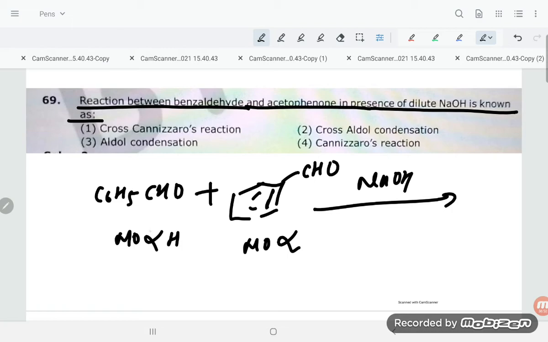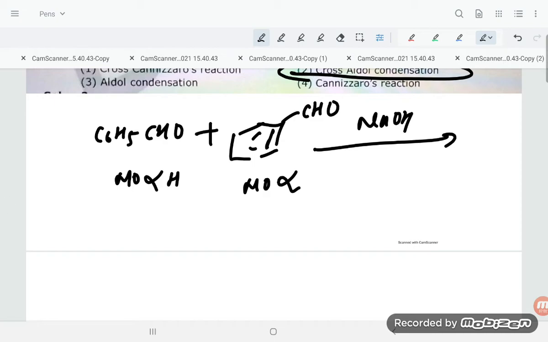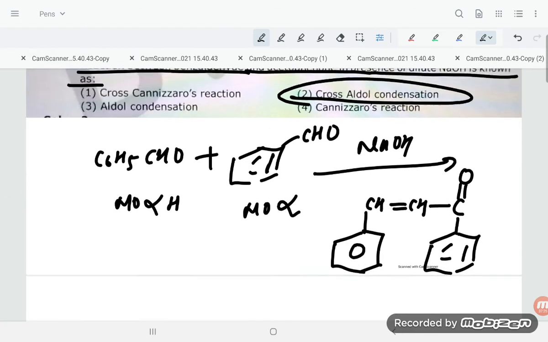So which reaction will it go? It will go through cross aldol condensation. How will it go, students? This will form the cross aldol condensation product. See the product I am making here. Here there is CH double bond CH, then C double bond O, and so on.